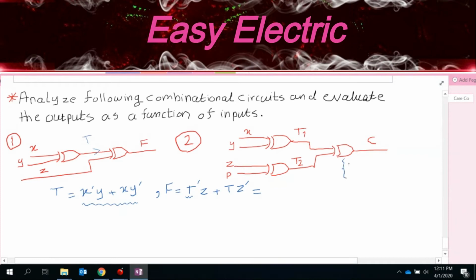De Morgan says (X plus Y) prime is X prime Y prime, okay? And how about (X Y) prime? It is equal to X prime plus Y prime. Remember that from chapter 2. That's one of the 8 theorems that we learned in chapter 2, okay?